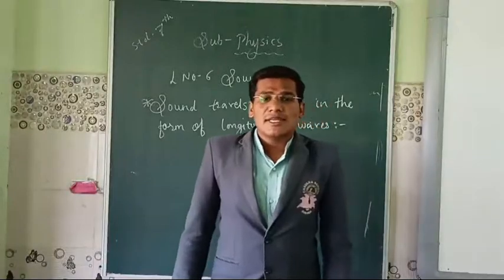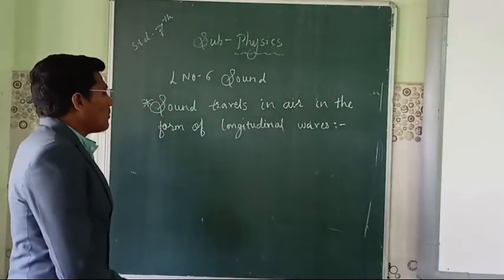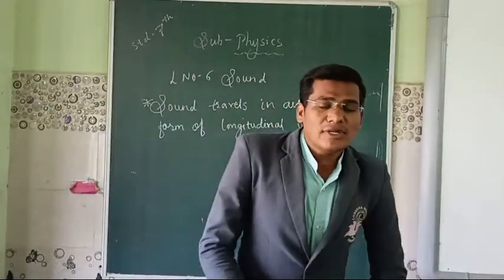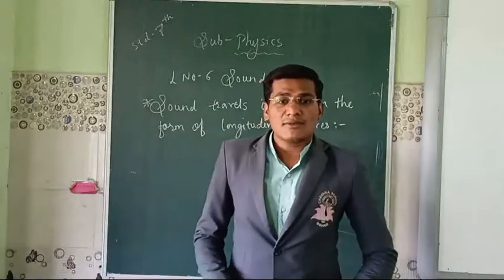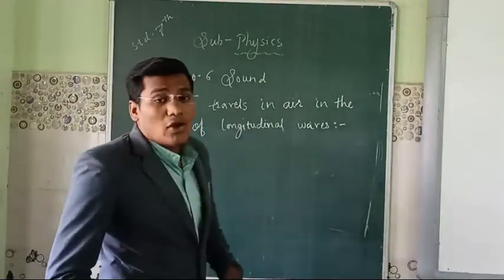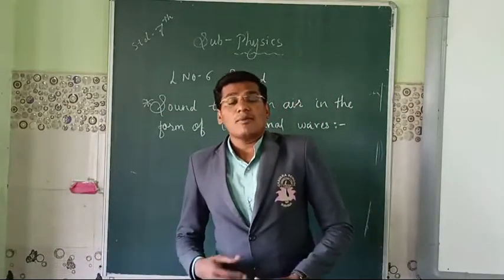Now we will see the next topic of the lesson: sound travels in the air in the form of longitudinal waves. As we learned that sound needs a medium for propagation, that is why sound travels in the air in the form of longitudinal waves. How does sound travel in the air in this form?